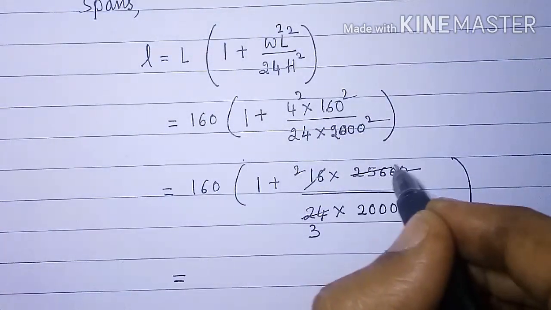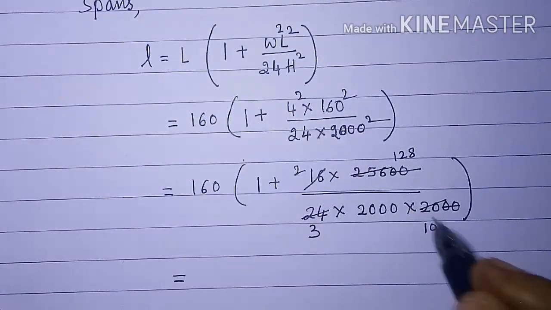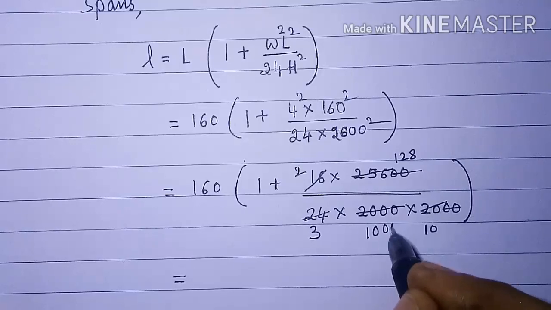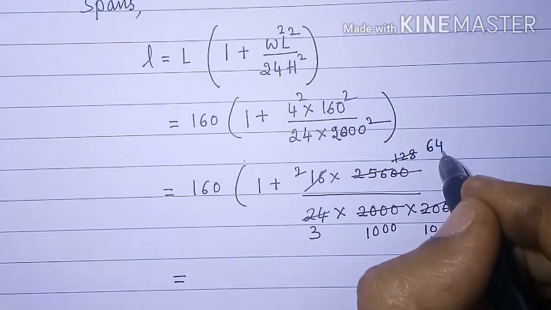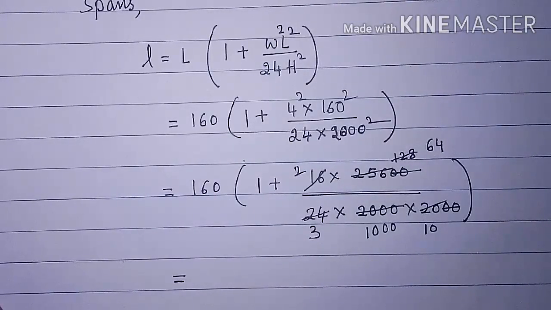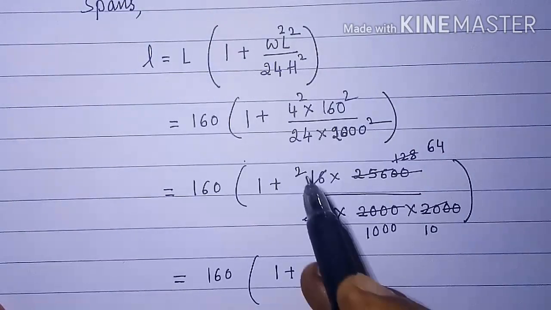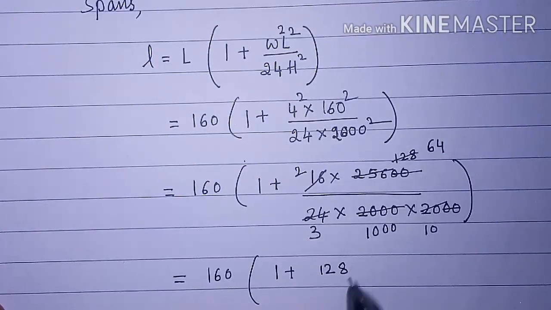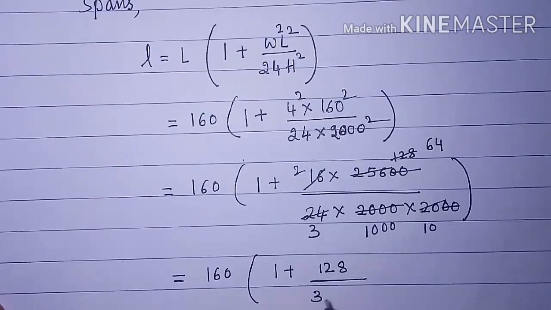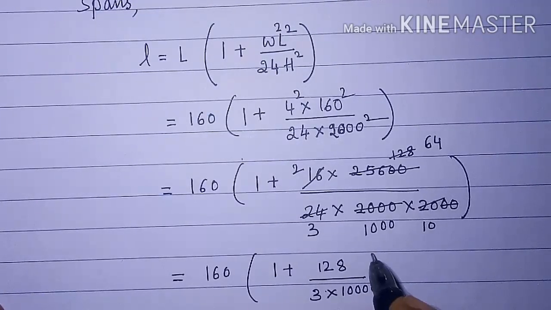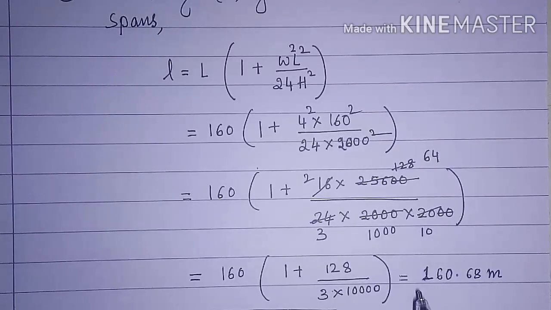Simplify this further: 160 into 1 plus 2 into 64 128 by 3 into 10,000. On simplifying we get 160.68 meters.